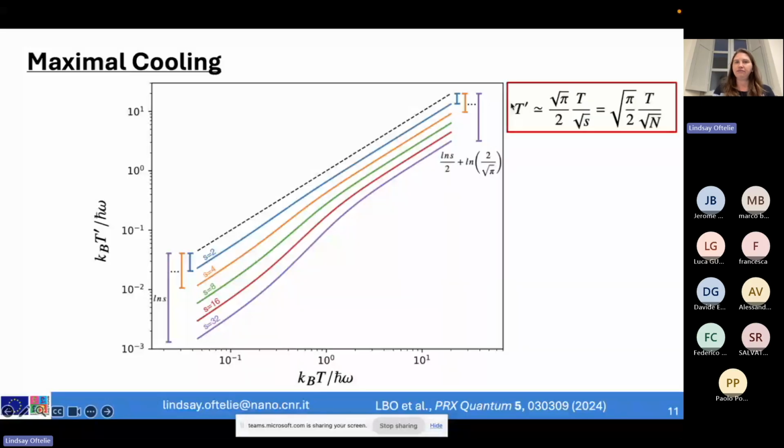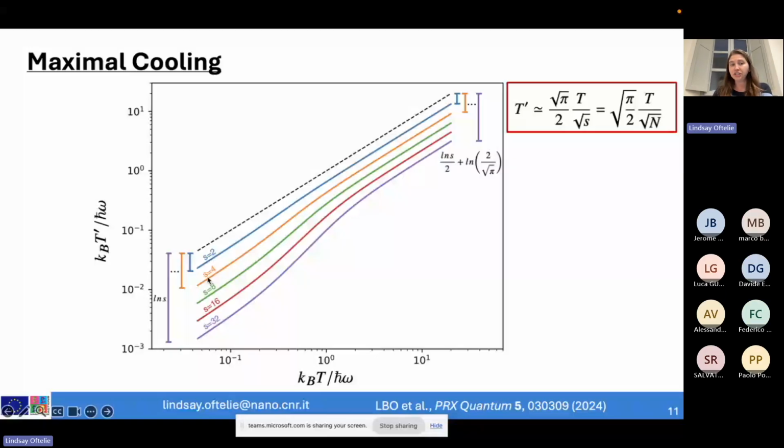And in fact, if you look at how T prime, the final temperature, scales with initial temperature, it indeed scales as 1 over the square root of n, which they found back in the day, and they were not happy with. But look at this interesting transition as you go to lower initial temperatures.